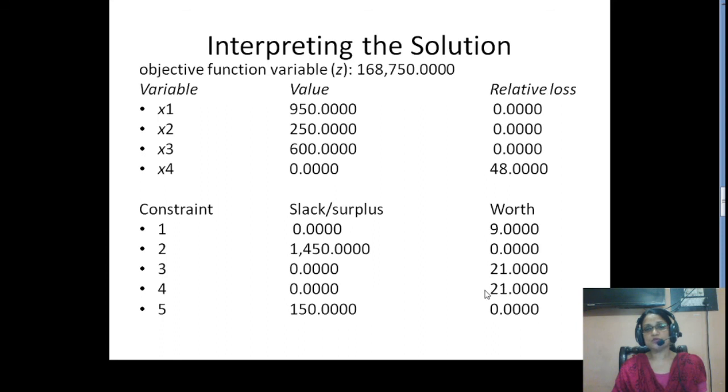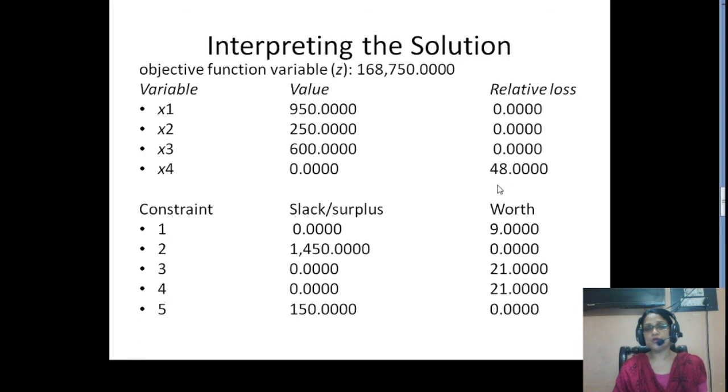The same goes with the production of small tables. If you produce one more unit of small table, what will happen? You will get the contribution increased by 21 units, right? But now the next quantity which we are left with is 48. Now what is 48? See students, we have understood that we are not supposed to produce any unit of X4.